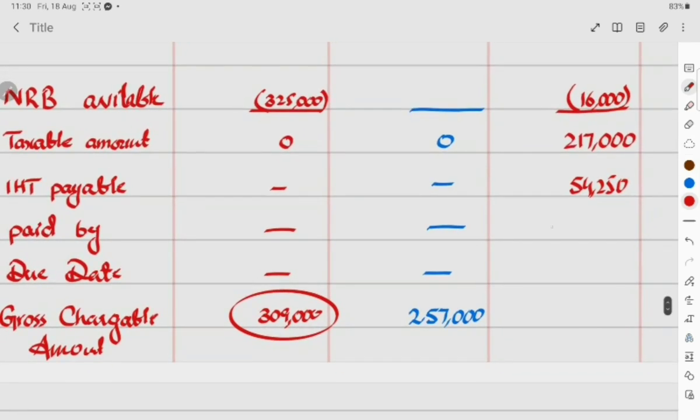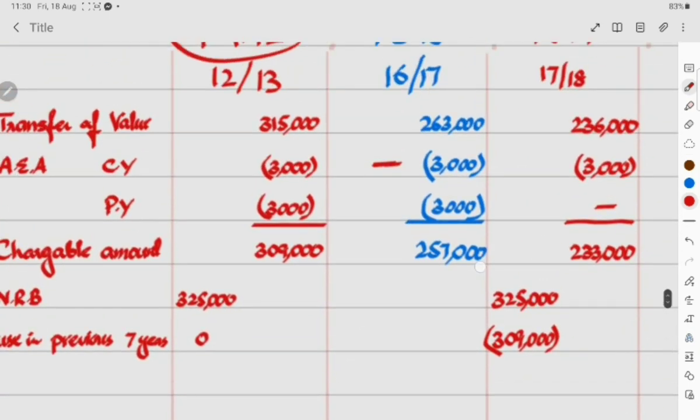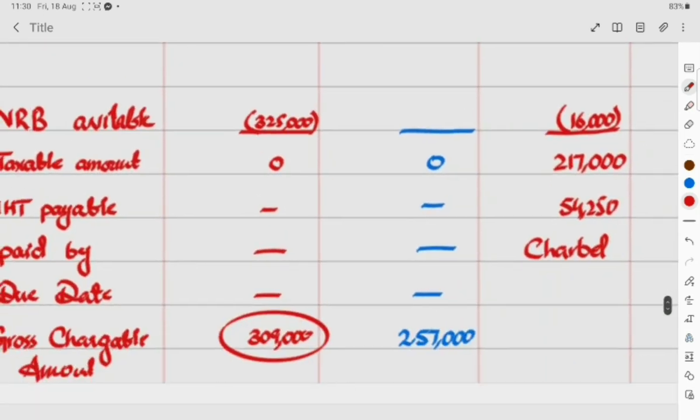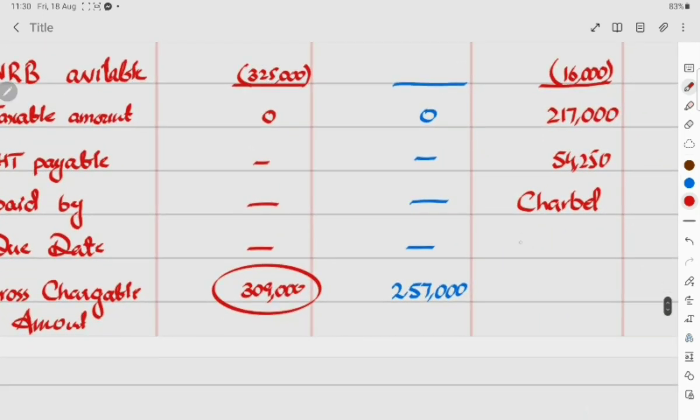Who has to pay by? The chargeable has to be paid by the due date. We have to consider the due date. The date of gift is 1st June 17, so the due date would be 30th April following, which means 30th April 2018. What is the gross chargeable amount?